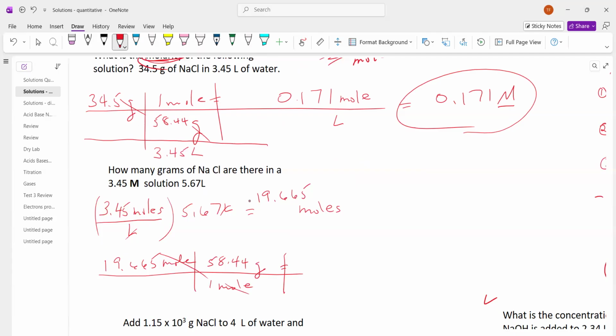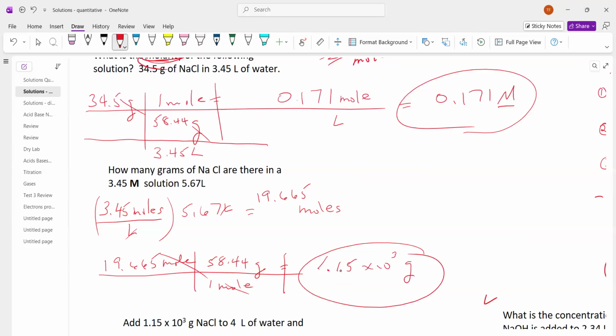So now we multiply by the molar mass of sodium chloride. Remember, do not round until the very end. So that's how many grams, a little over 1,000 grams in that solution.